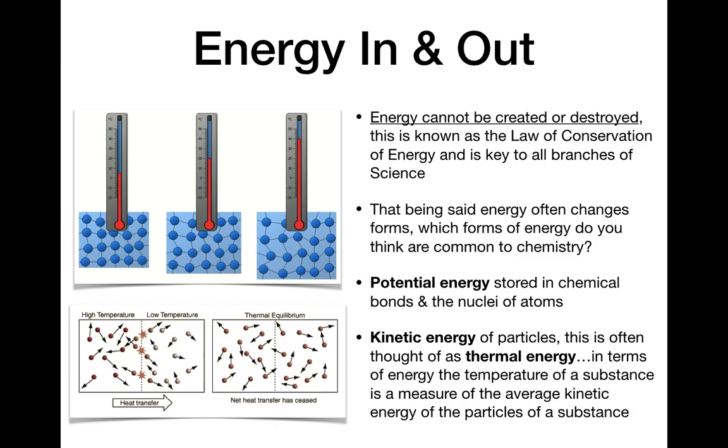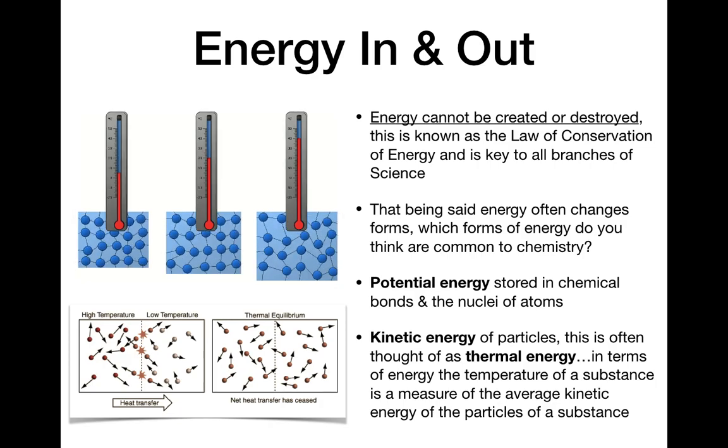Temperature really is the average kinetic energy of the particles inside a substance. So the one that's moving the most is going to be the one with the highest temperature, right? Particles move more because it's hotter, so the kinetic energy of the particles is directly related to temperature. They are directly proportional.